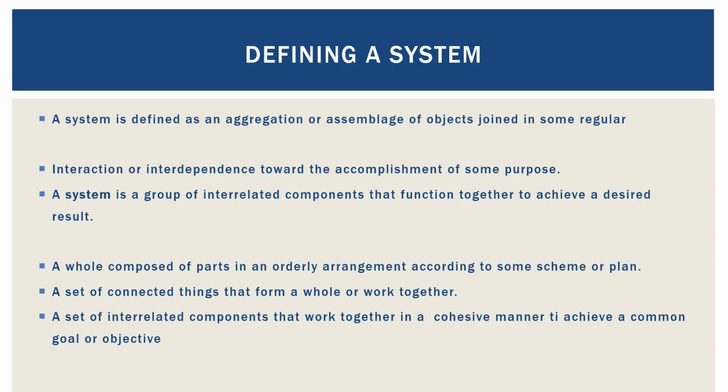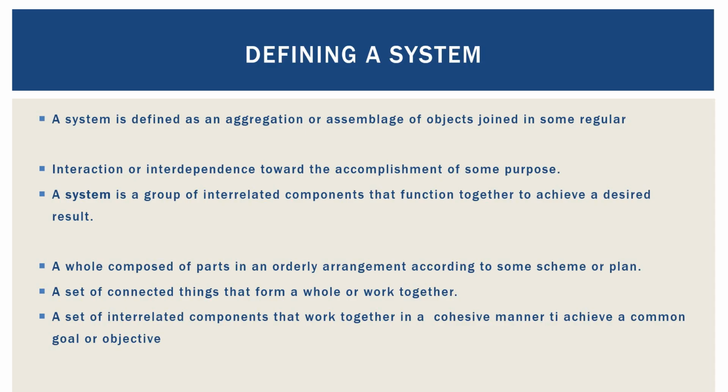Let's go to the next definition of a system. It says a whole composed of parts in an orderly arrangement according to some scheme or plan. It's something that is a whole, composed of parts. We can refer to parts as components or objects.